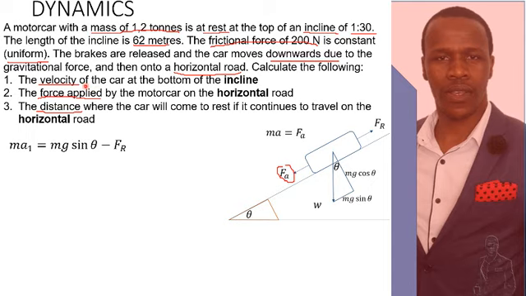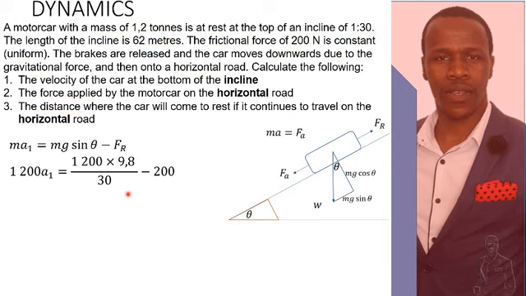We need velocity. Let's substitute for m. Remember, sine theta we said is equal to 1 over 30, so that is 1 over 30 right there. Let's do the substitution. Yes, that will be a for us. We have found a in that format.